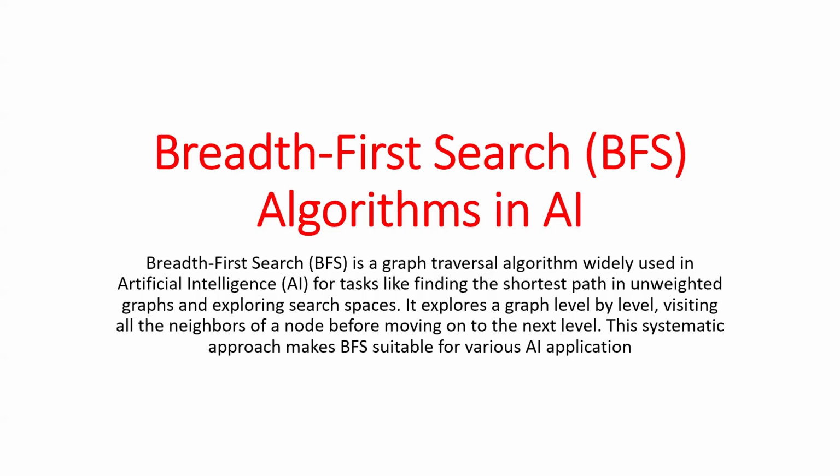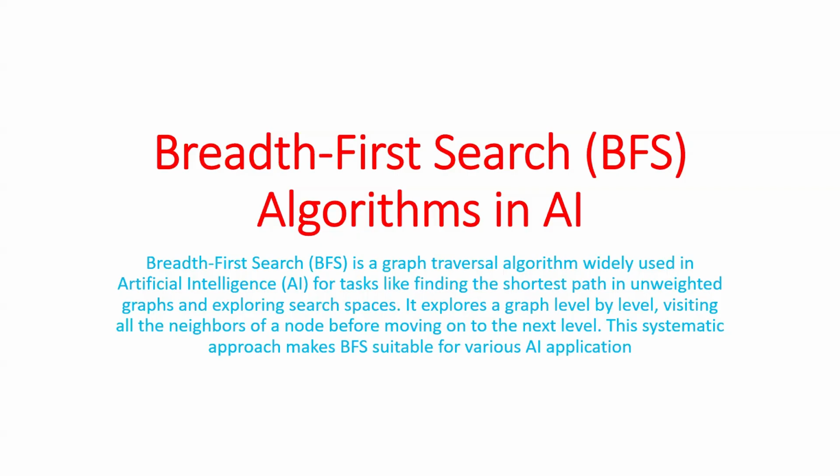BFS is a graph traversal algorithm widely used in artificial intelligence for tasks like finding the shortest path in unweighted graphs and exploring search spaces. It explores a graph level by level, visiting all the neighbors of the nodes before moving on to the next level. The systematic approach makes BFS suitable for various AI applications, right?